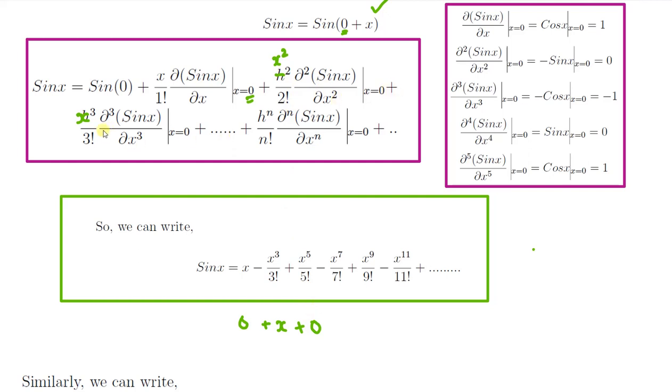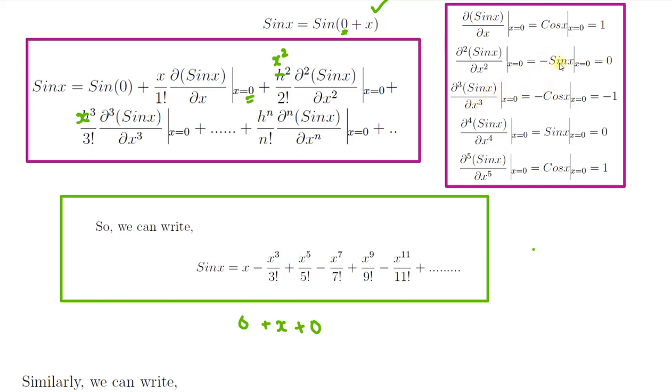Then plus x cube by 3 factorial into dou cube by dou x cube of sin x. So dou squared sin x by dou x squared is equal to minus sin x. You take the derivative of this once again, you will get dou cube by dou x cube of sin x.